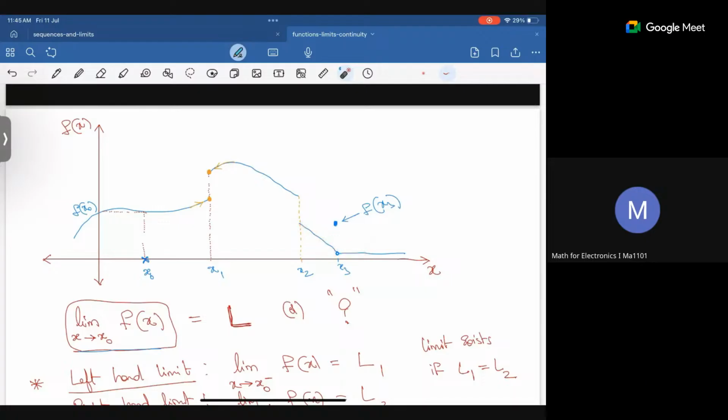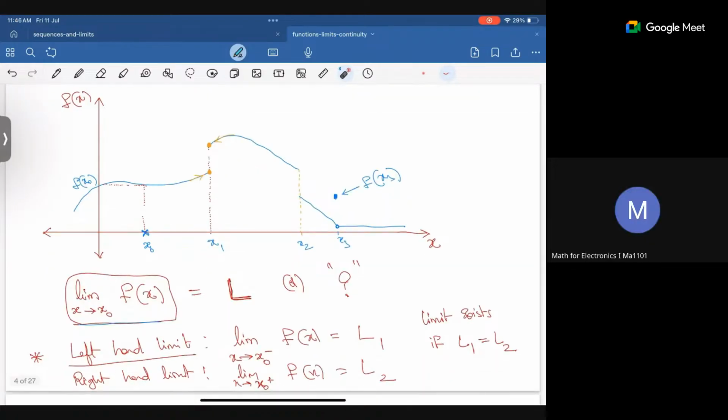Therefore, the limit exists, so your L1 and L2 are the same. But for continuity, this L1 and L2 should be equal to the function value. So f of x3 is this, and the limit value is this. These are two different things. Since these are not the same, it is discontinuous.